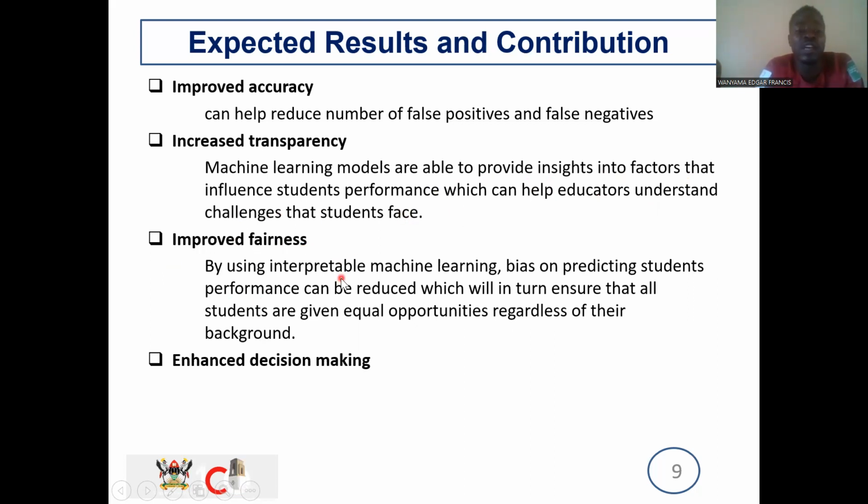Then improved fairness: by using interpretable machine learning, bias in predicting students' performance can be reduced, which will in turn ensure that all students are given equal opportunities regardless of their background. Then enhanced decision-making is related to transparency. Since there is increased transparency, decision-making will be very much improved.